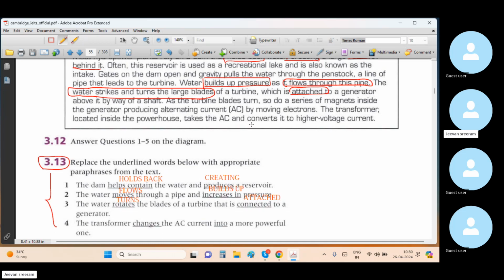We don't have into, but we have converts to. Converts to. Okay. Clear?